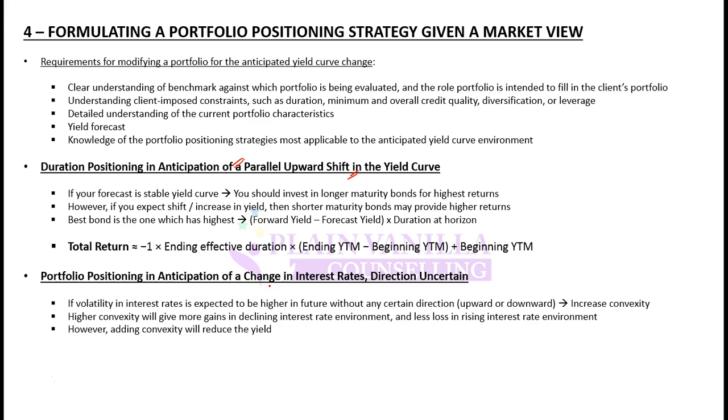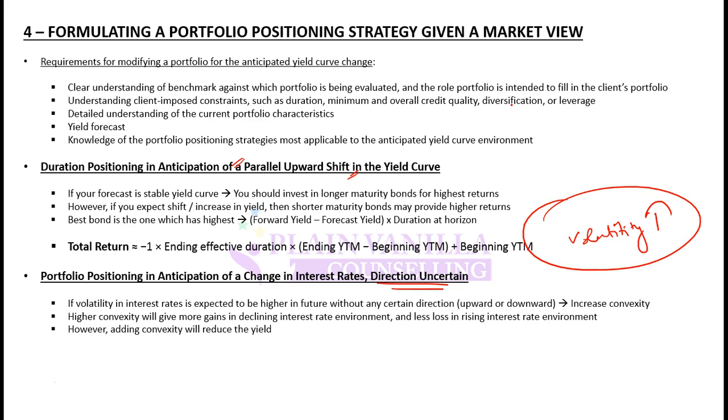Portfolio positioning in anticipation of a change in interest rates when your direction is uncertain. You do not know whether it will go higher or lower. In that case, what should you do? You are uncertain about direction, but you know it will change. That means you expect higher volatility.